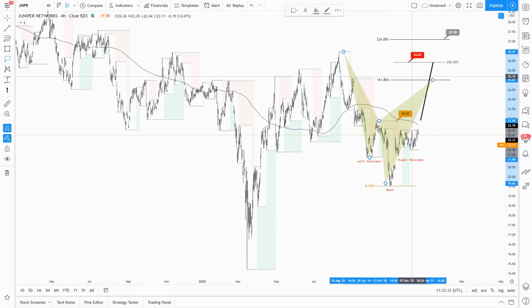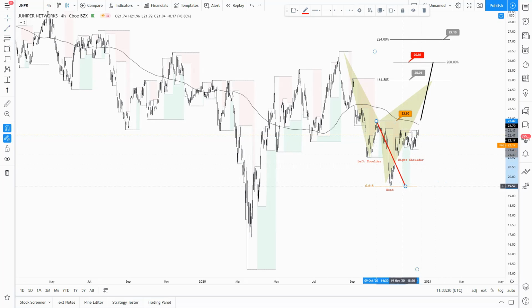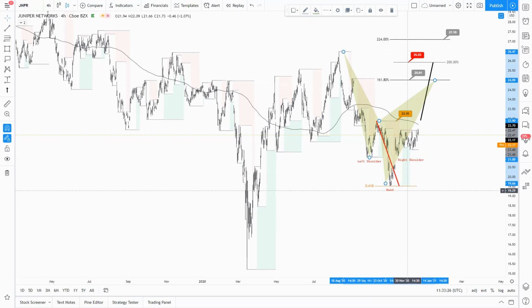Actually, let me point that also for you. So the golden Fibonacci level, this is a Fibonacci extension from this very last swing low, as some of you are already aware. So an extension to the golden Fibonacci of this swing may offer some pressure, 25.01, and we have then the 27.10 right above the previous structure highs. Again, it may act as a false breakout above, which may also suggest a retracement.